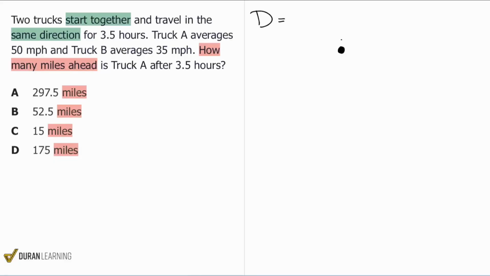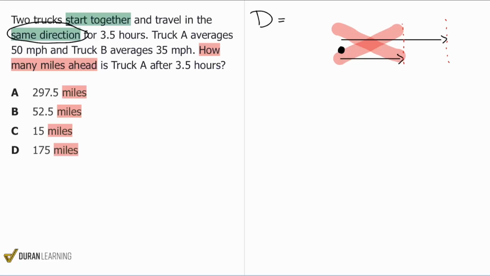We have, let's say, truck A, the faster one, going like that, and then truck B going in the same direction like so. Everyone, think about it. If we're going in the same direction, if we're just looking at these final distances, and I want to see how far we are from here to here, what operation do we have to do to eliminate the ground that they both cover?